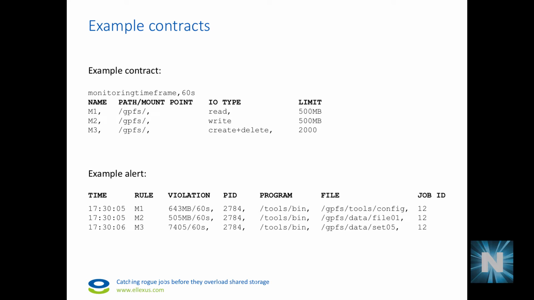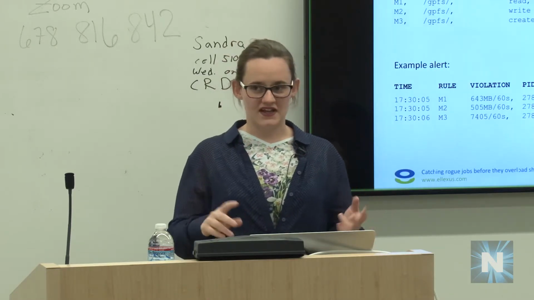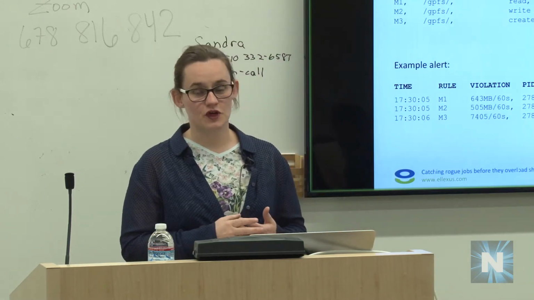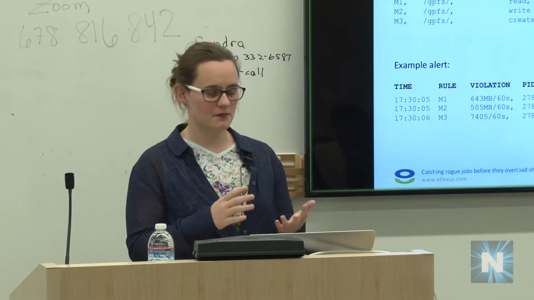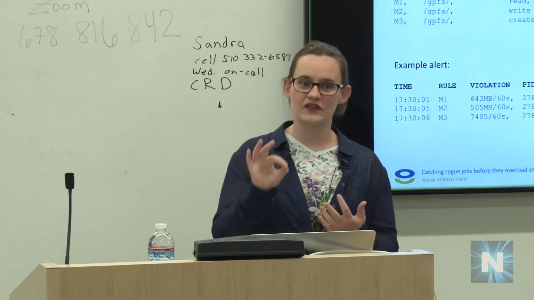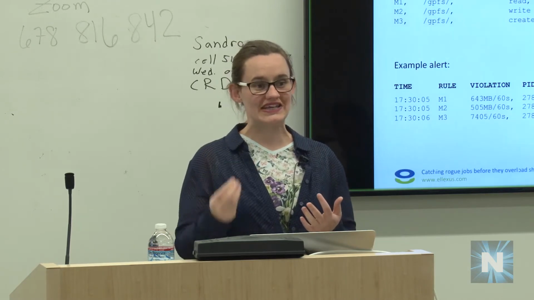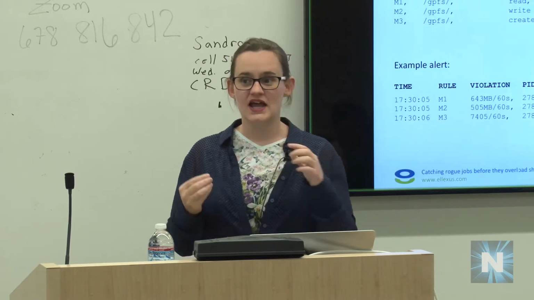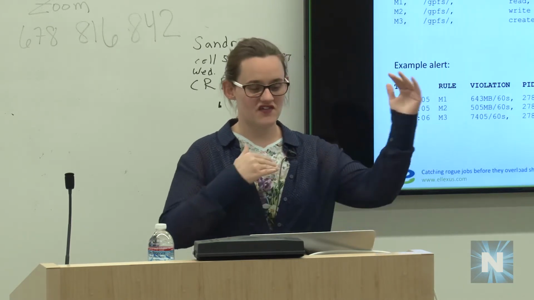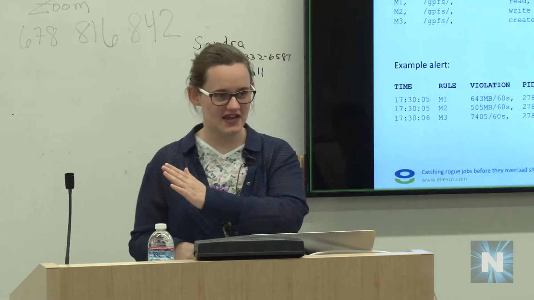And they found that this had a beneficial effect in several ways. One, they were able to find the rogue jobs much, much more quickly. Two, because they were able to demonstrate exactly what the problem was, exactly what was going on, the users were much more keen to actually fix the problem. And they've seen in general, when they first turned Mistral on, it was picking up rogue jobs every day.